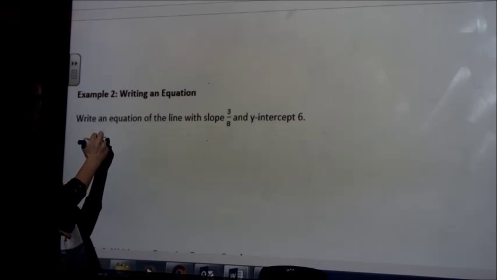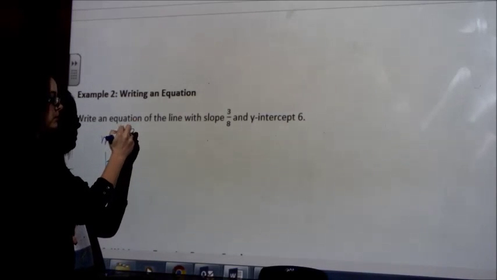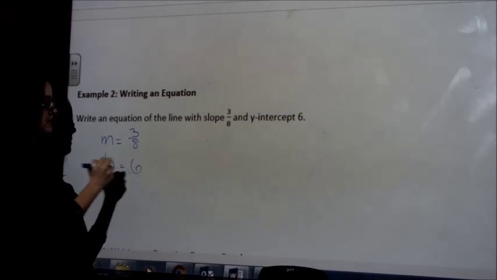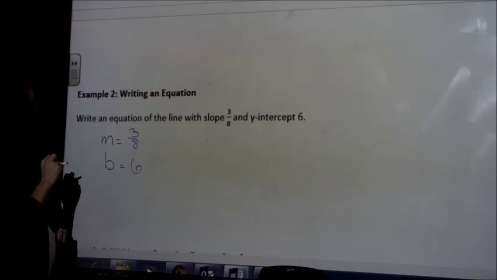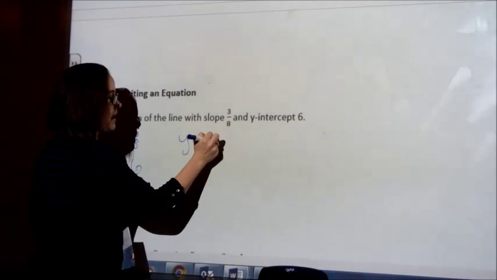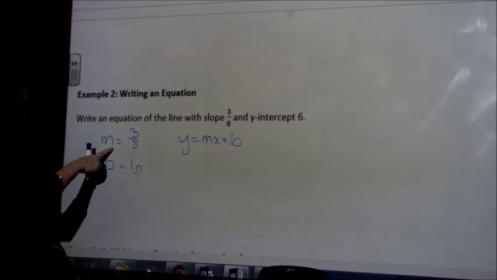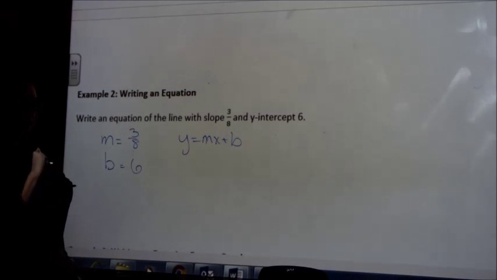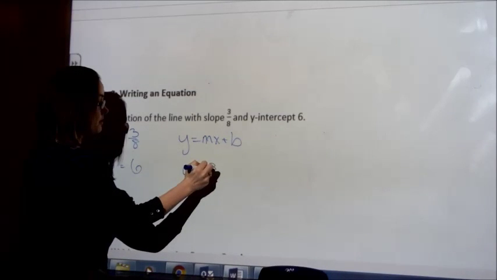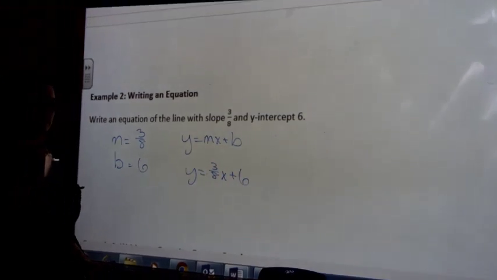We're given m and we're given b, and m is our slope of 3/8 and b is our y-intercept of 6, and we're asked to write an equation. Well, we know a linear equation is y equals mx plus b. And we know what m is, and we know what b is. So all we have to do is fill those in. Y equals 3/8 x plus 6.